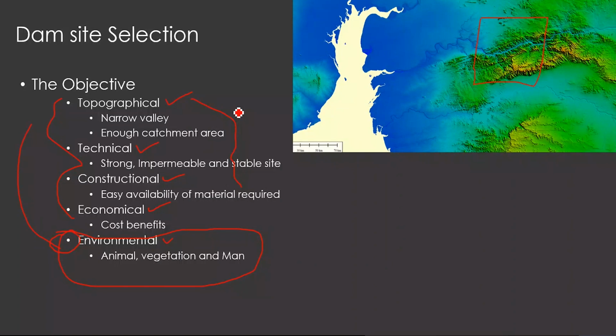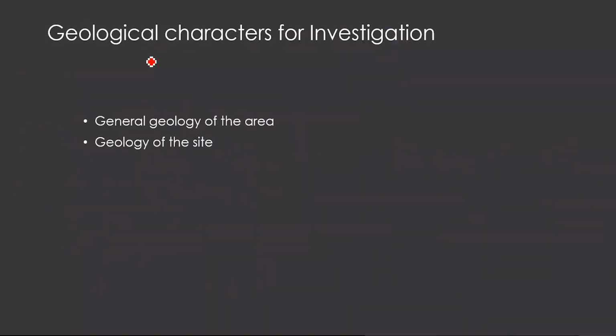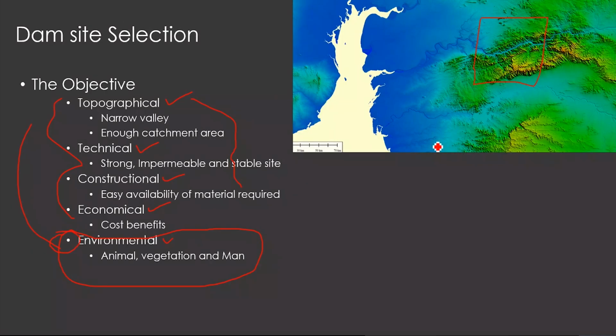Now, while going for the details of the geological characteristics or the investigation of the sites, we basically go for two kinds of studies. The first we call the general geology of the area. When we are planning a dam construction on this part, I'm not going to study only this part.